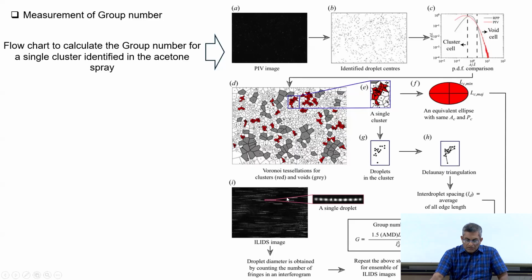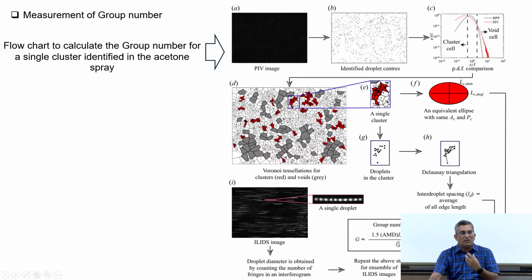But we have to keep in mind that here it is assumed that in all these clusters the average size is given by the overall arithmetic mean diameter that you get from the ILIDS image. I hope it is clear.